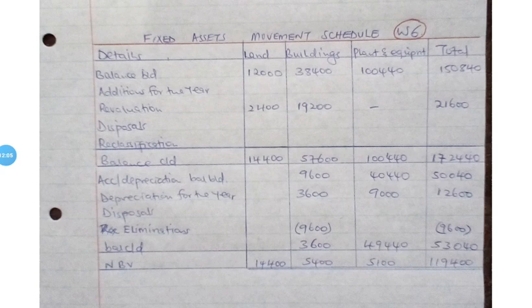When you are doing working one in our income statement, cost of sales, we are told that depreciation is classified under cost of sales. So when calculating cost of sales, we factored in depreciation for buildings and depreciation for plant and equipment. You can revisit that, and you see we got 3,600 and 9,000, a total of 12,600.